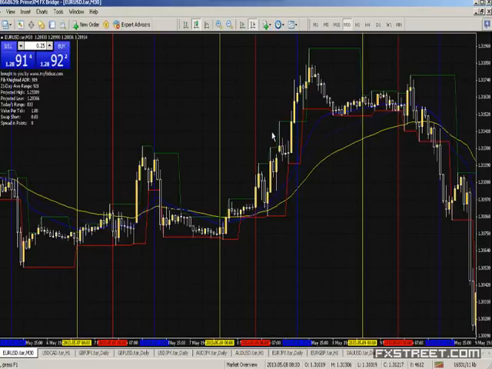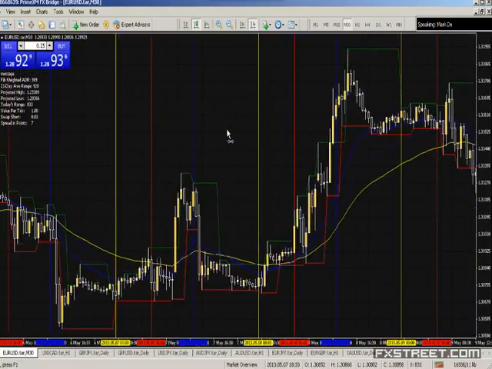Because if you've had plenty of price action before the open of New York, there's a tendency for people to book profits, close their trades, and as they close their trades, you might end up with a false breakout. You might end up with a pullback.